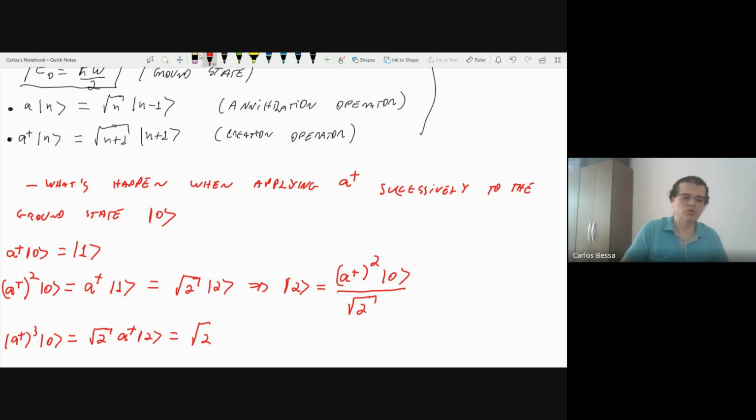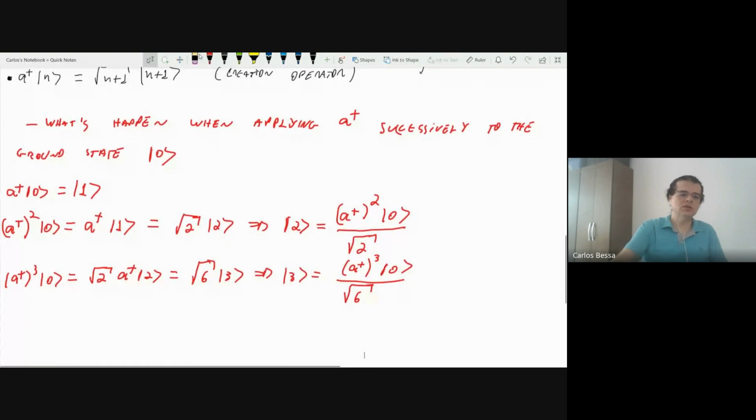It will be 2 times 3, which is 6, square root of 6. And so the state 3 will be a dagger cubed applied to 0 divided by square root of 6.